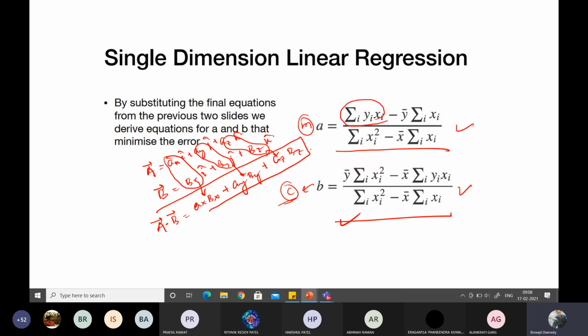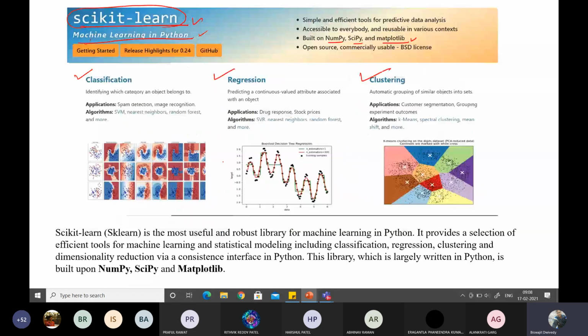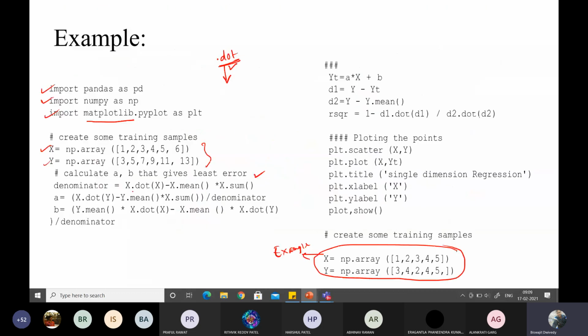But if we are not using this dot product function, then what happens? You have to take the product of all these things in one step. I'm talking about this coding. If you are using this one, then directly that step is completed.